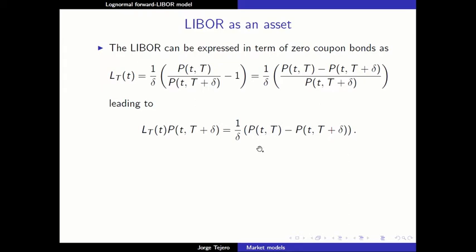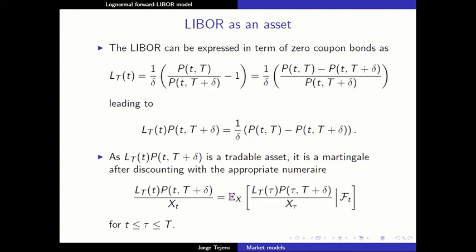This means that we can replicate the LIBOR rate times the zero-coupon bond just by buying and selling zero-coupon bonds, which are tradable assets in the market. Therefore, the LIBOR rate times the zero-coupon bond is a tradable asset. And if we divide by some numeraire, what we get is a martingale under the appropriate probability measure.